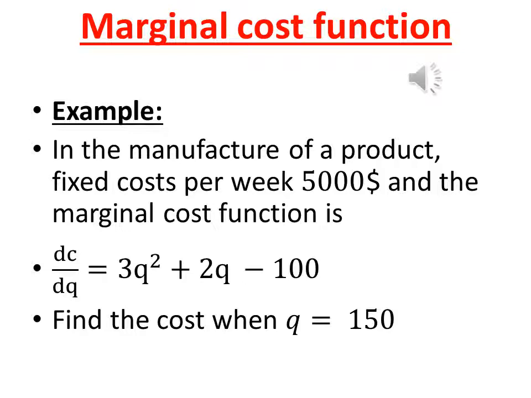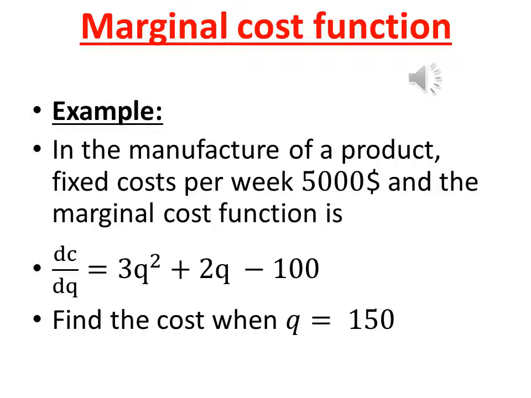So C is equal to 3q^3/3 plus 2q^2/2 minus 100q plus 5,000, because here the constant is equal to 5,000. That's the cost function. After that, we want to find the cost when q equals 150. See? We have the C function. So C at q equal to 150: for each q put 150.